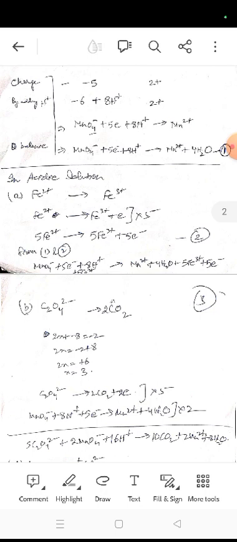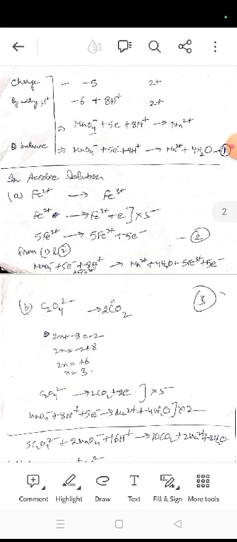So from plus 3 to plus 4, 1 electron for 1 carbon, so 2 electrons for 2 carbons. Now as we see in equation 1, 5 electrons are added, and here in oxalate to CO2, 2 electrons are released. To balance this, we multiply the oxalate to CO2 equation by 5 and the MnO4 equation by 2, so that we can balance the electrons, 10 electrons.